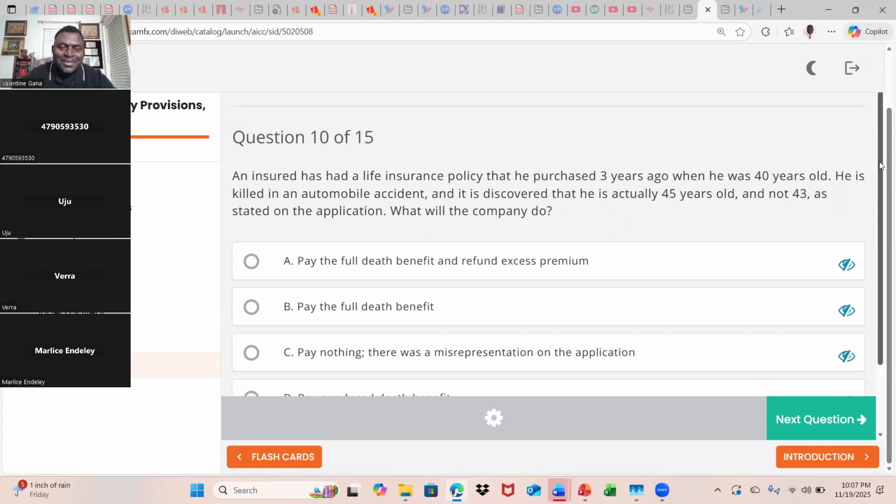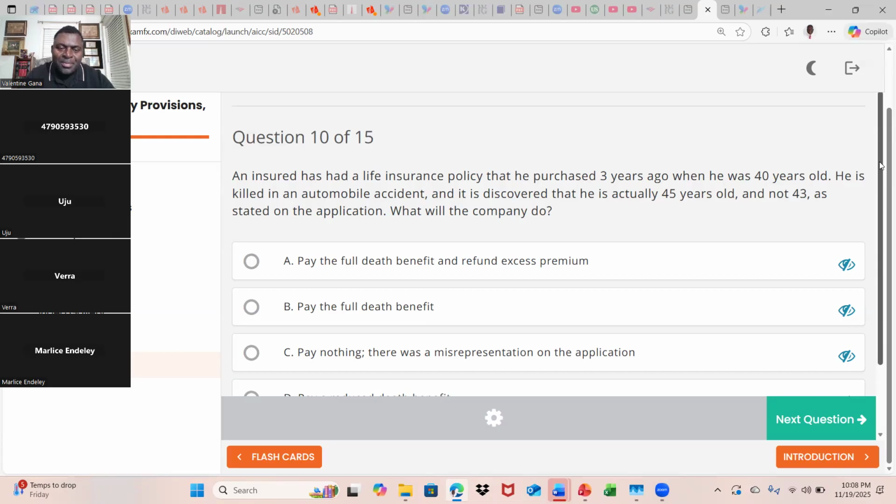All right, go ahead. An insured has a life insurance policy that he purchased 3 years ago when he was 40 years old. He is killed in an automobile accident, and it is discovered that he is actually 45 years old and not 43, as stated on the application. What will the company do?